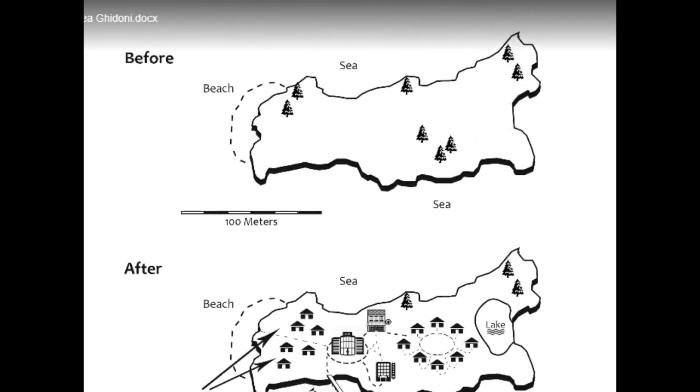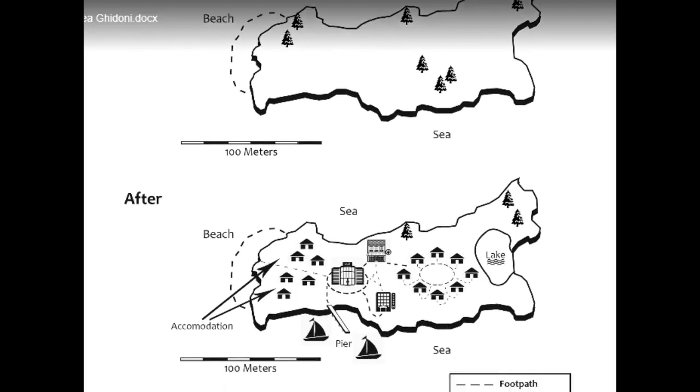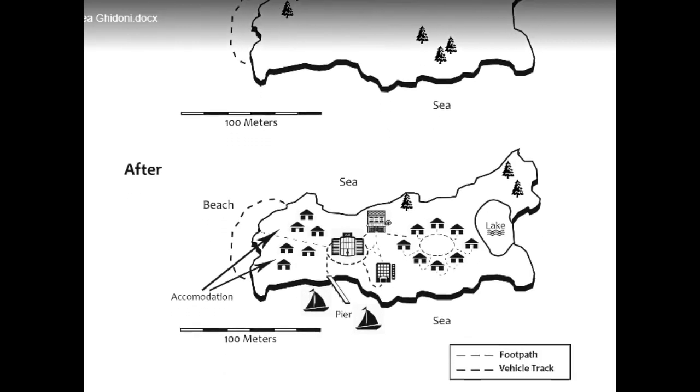Overall, clearly, many changes, and basically from like a desolate island with few trees, the island was built in order to fully accommodate tourists as a vacation resort or something like this.